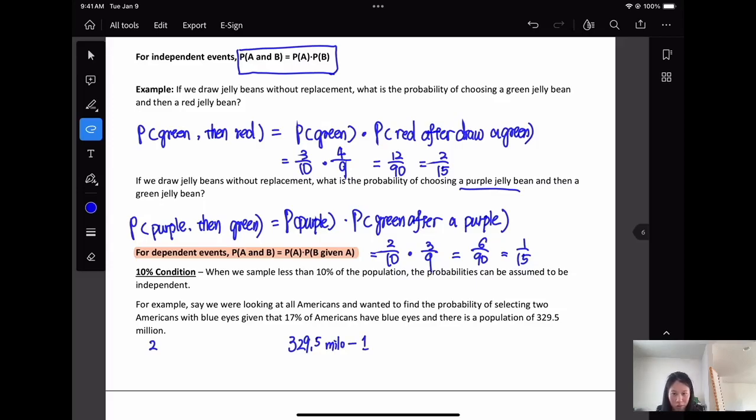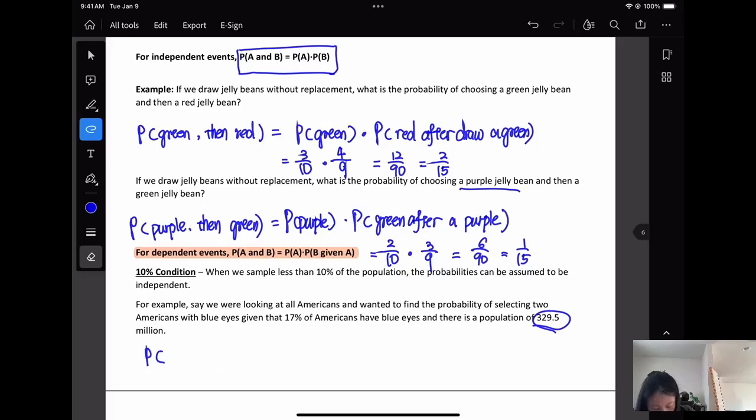That should be your total number for the second person that you're trying to draw with blue eyes. But by the 10% rule, since the sample is so small, less than 10% of the total population, which is 300 million, we don't need to worry about subtracting the 1 from the total number because it won't make much change.